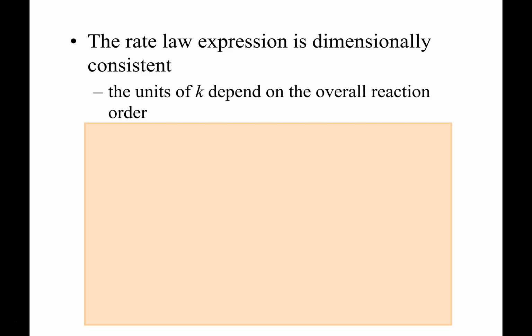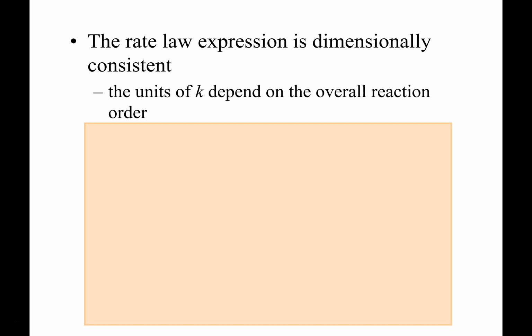That's what our units of rate are. So whatever units are introduced by raising molarity to this power and molarity to this power, the way I think of it, the units introduced by your rate constant K need to compensate for those units to come back to this for your rate.